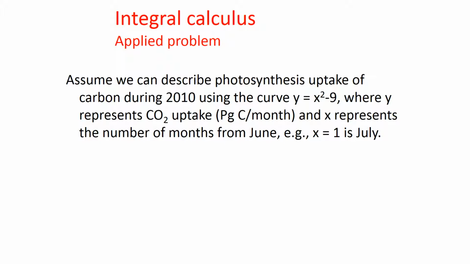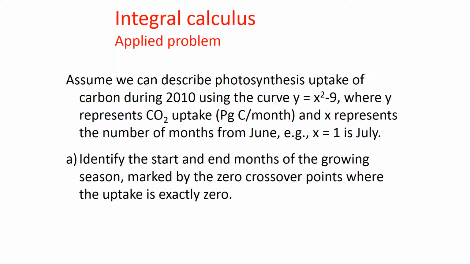And we're going to get some curve that looks like that. So you can see in the summer months we have a negative carbon uptake, carbon per month. So this is the flux of carbon going into the trees in the summer, and it's going out from the trees in the winter.